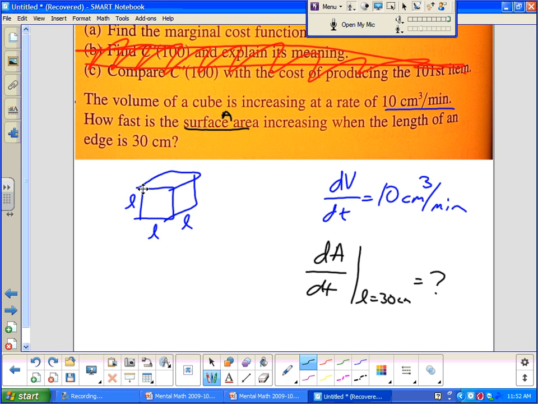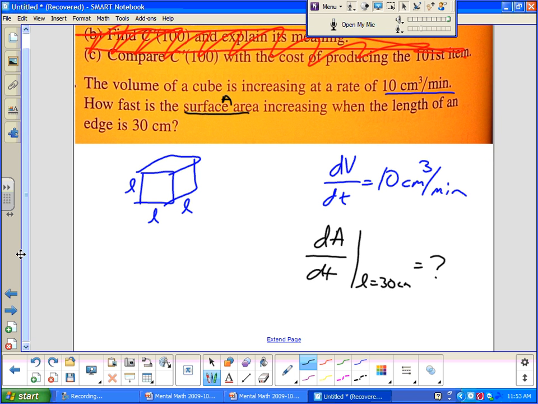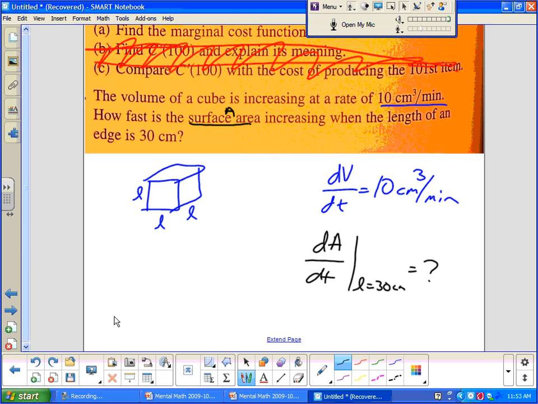Now, the big problem on this, guys, is that we have volume and surface area. Two equations here. We're going to have to write out and see where the relationship is. Does everybody agree the volume is area of the base times height, L cubed, right? And if you're not sure, cubes are pretty easy.